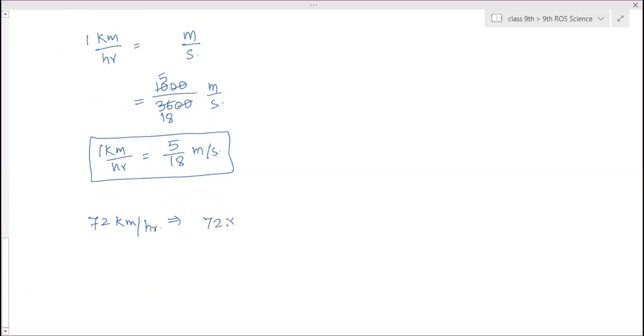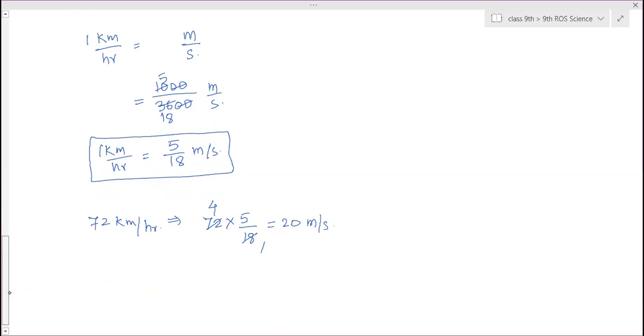So 72 into 5 by 18. 18 fours are 72, so that is 20 meter per second. So 72 kilometer per hour is equal to 20 meter per second.